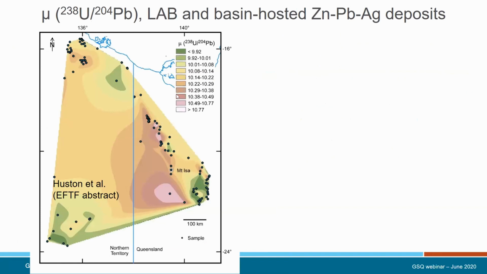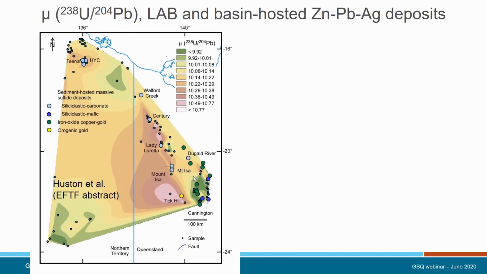Now we're going to look at the lead isotopes. This is the same area that we looked at before, and these are lead isotope analyses. You can see there is quite a strong gradient with the north-northwest trend, and it turns into a northwest trend. If we put the deposits on, we find that Tick Hill, Isa, Loretta, Century, Walford Creek, and HYC plot along that gradient.